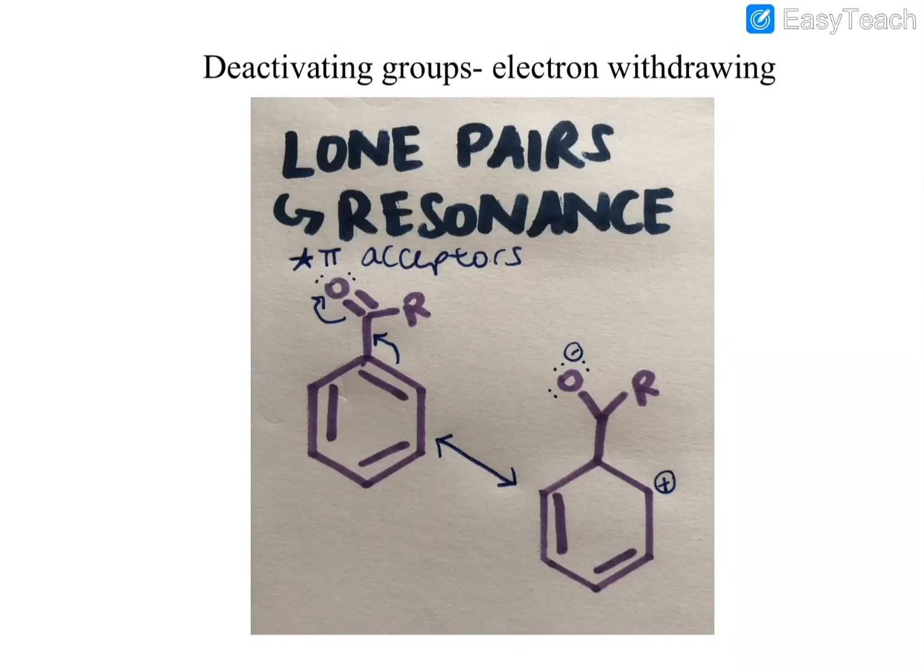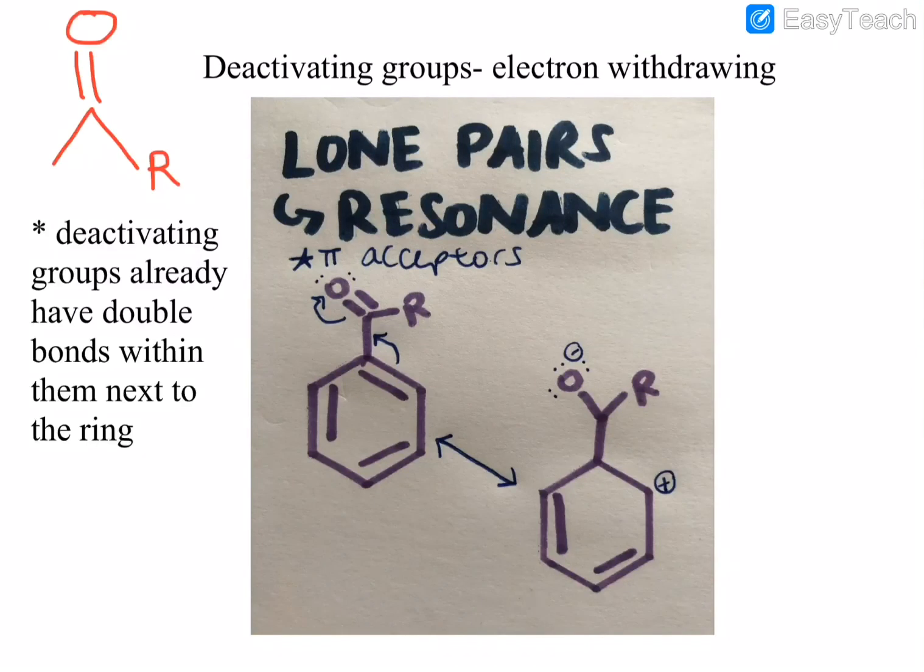In this resonance form, the adjacent pi system contributes electrons to the carbonyl and kicks off the double bond from the oxygen, leaving an extra lone pair and a negative charge on the atom. This then leaves a positive charge on the carbon where electrons were removed and decreases the rate of electrophilic aromatic substitution. The key to this is to notice that deactivators are substituents which already have double bonds within the molecule.